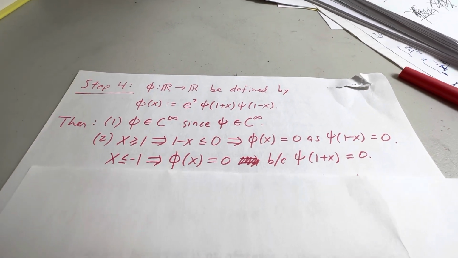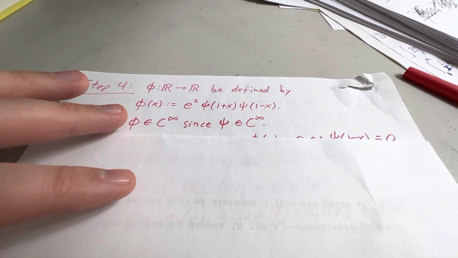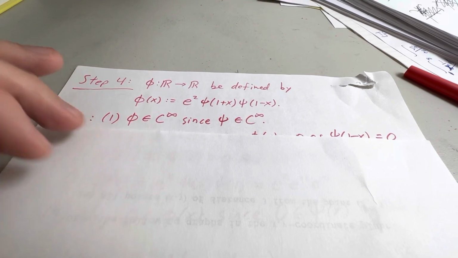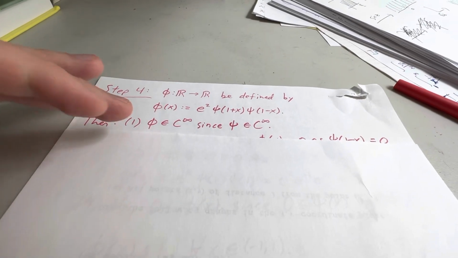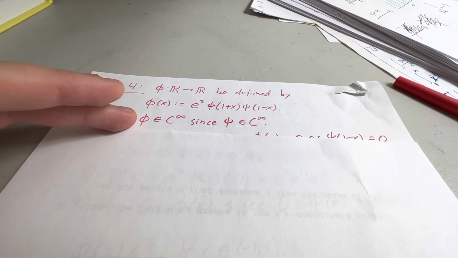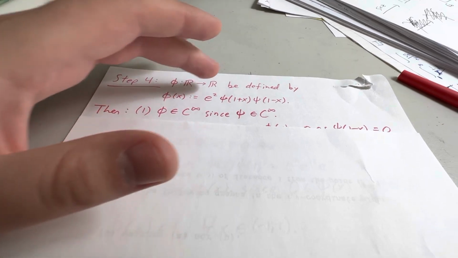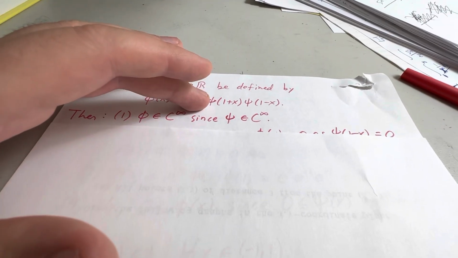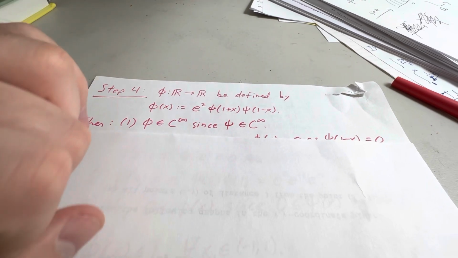And then we make a series of observations. Phi is infinitely differentiable. That should be obvious because e squared is a constant, psi is infinitely differentiable, psi is infinitely differentiable.